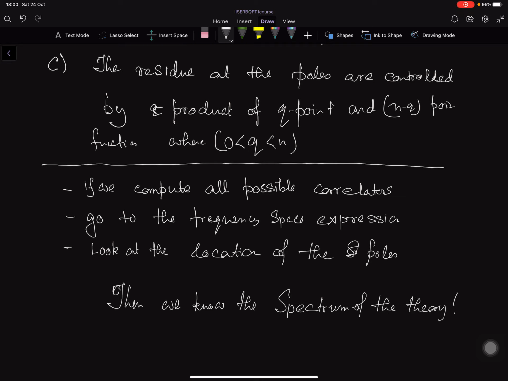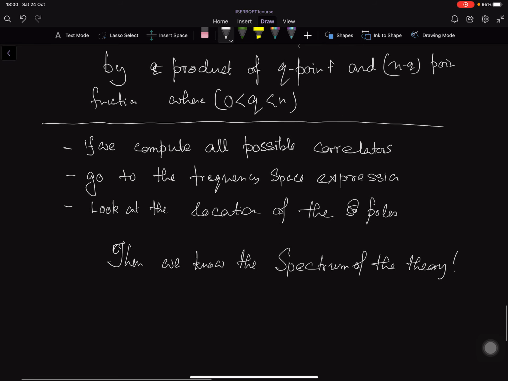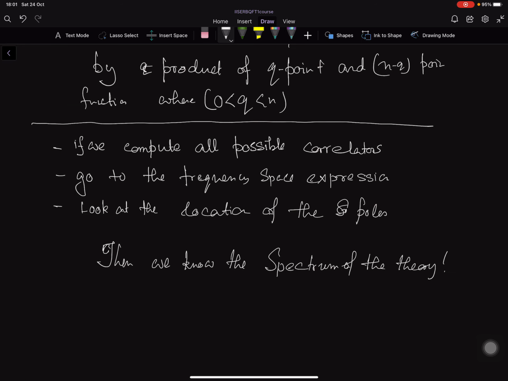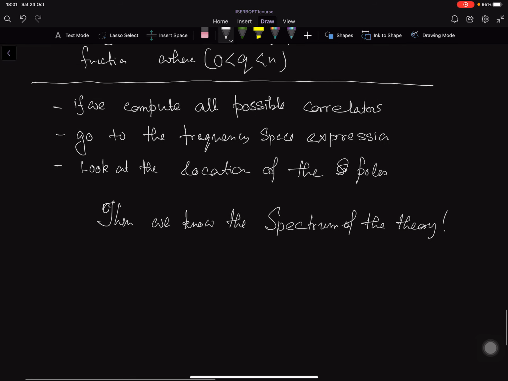This provides a rationale, a physical meaning, for the series of correlators that we have been computing: if we know how to compute the correlators and go to frequency space, then the poles in the frequency space expressions tell us about the spectrum of the theory. Later, when we go to interacting theories and other theories, we will find many applications of this nice result. I encourage you to check this for different correlators by explicitly computing them in the free theory.